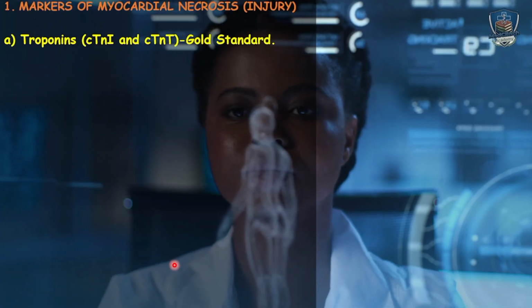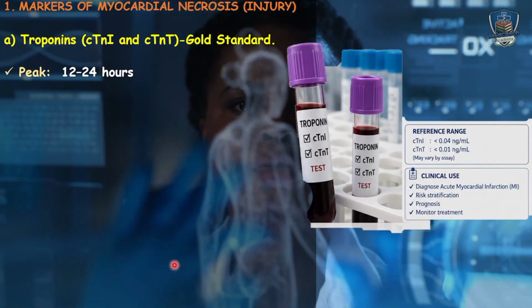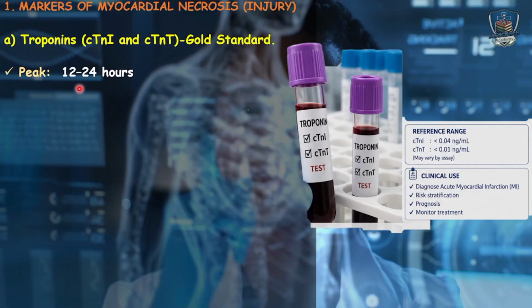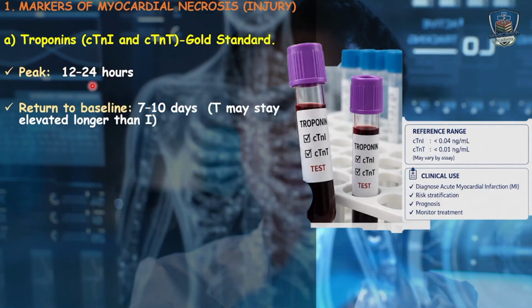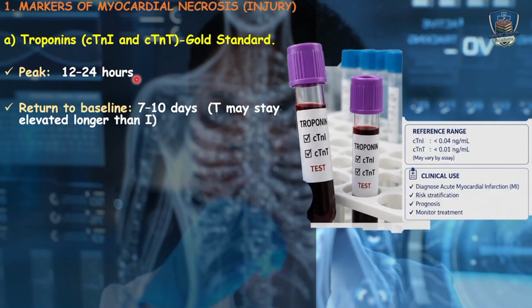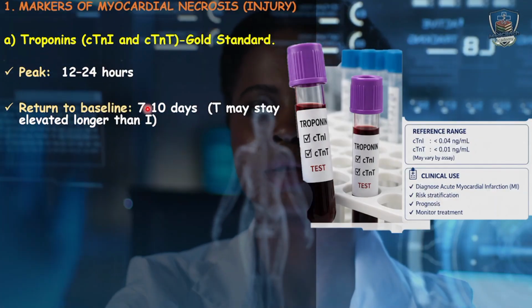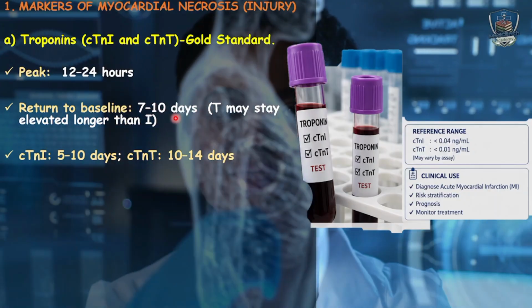That being mentioned, you also have to know when they peak and when they return to baseline. It will help us know when to diagnose this injury. They always peak within 12 to 24 hours. They may return to baseline depending on the isoform.